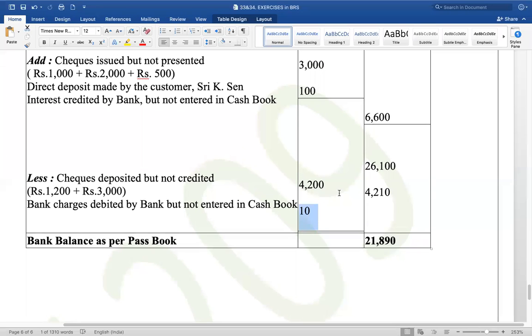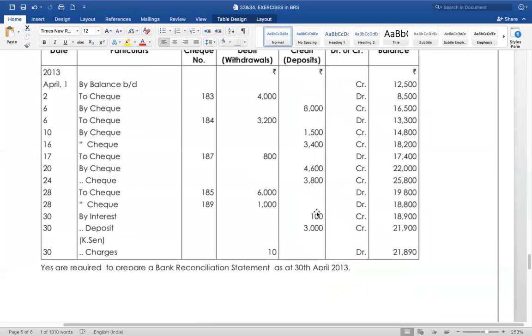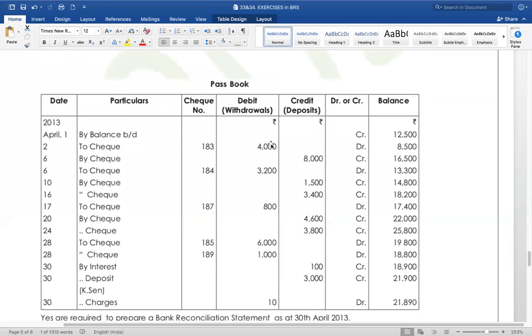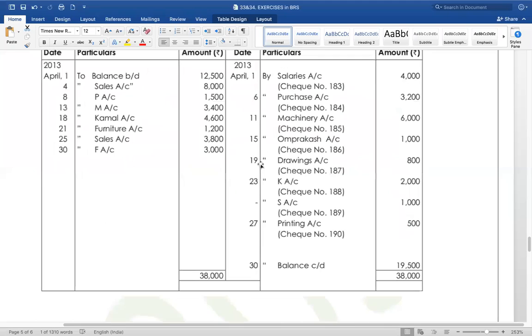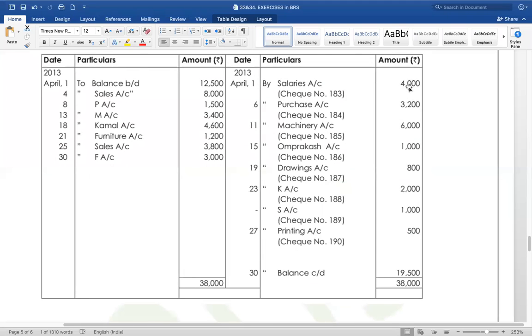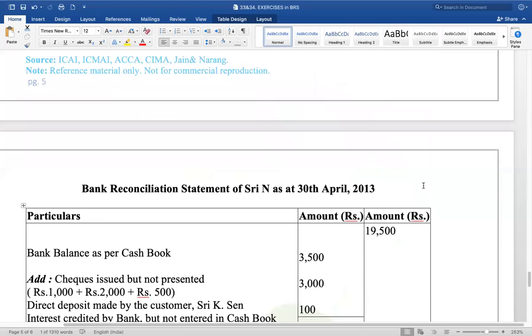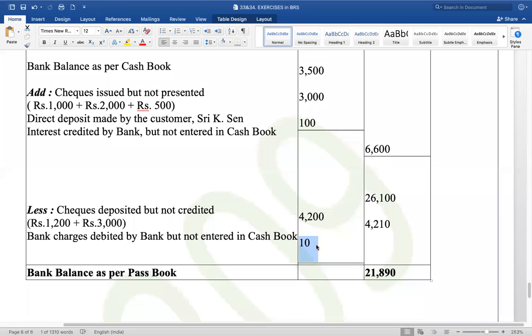Okay, so this is not here. Look at this one. This 10 rupees is appearing on the debit side. The same should appear on the credit side of the cash book. It is not appearing anywhere. Look at this, Jay Kishore and others. So that has to be reconciled. We did it.